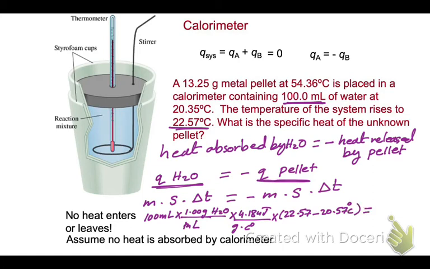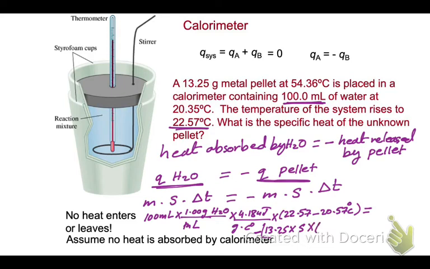This is equal to negative, so I'm going to put this in the second line here, negative, and then what is the mass of the pellet? The mass of the pellet will be 13.25. Specific heat of the pellet is what's missing and I would like to solve, times what is the change of temperature of the pellet?